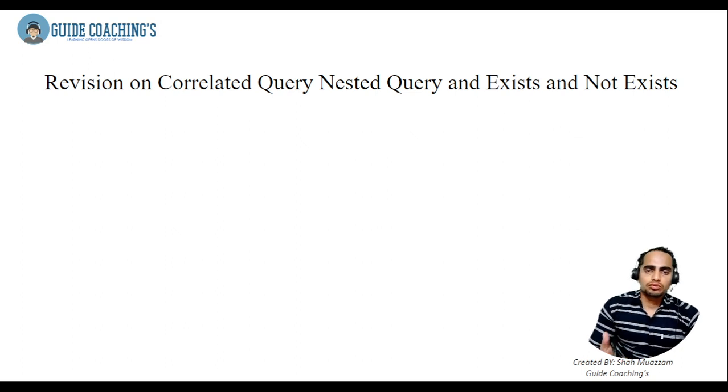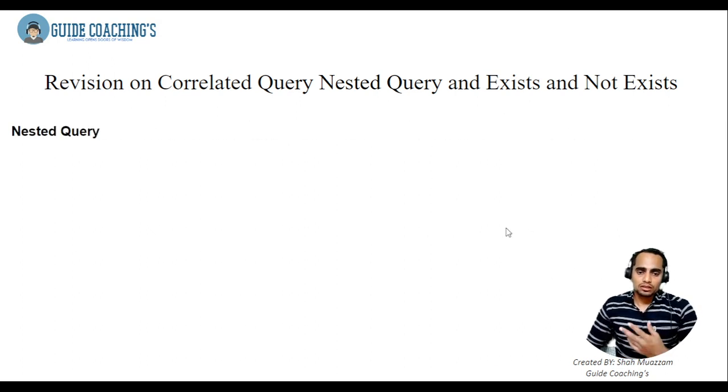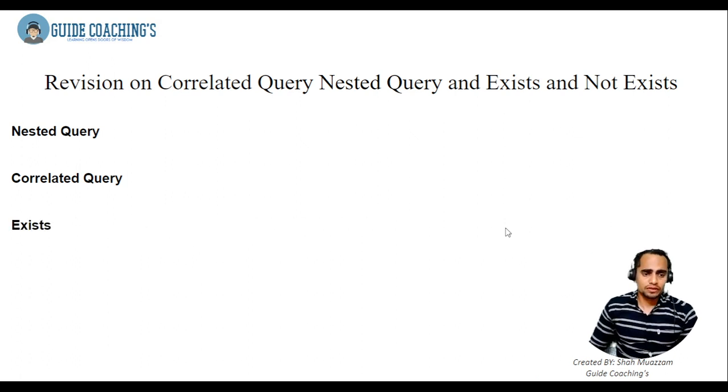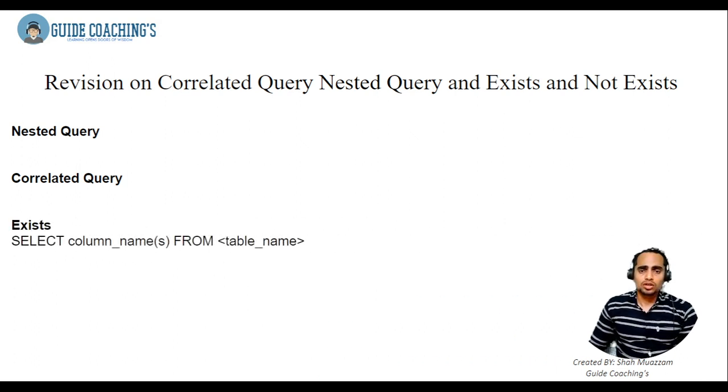At that time we use exists. If that condition exists, it returns true. If it does not exist, it returns false. Whereas for not exists, it gives the opposite value. So that is the definition.